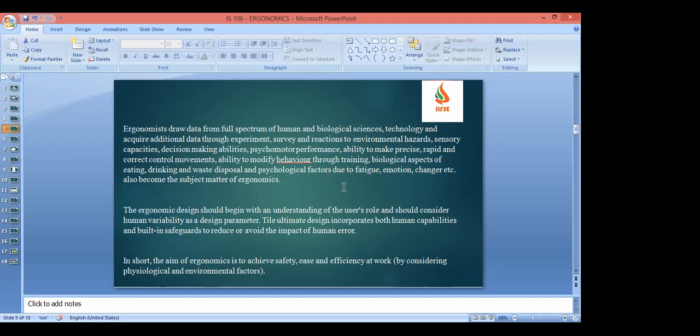These are the various aspects they will consider.